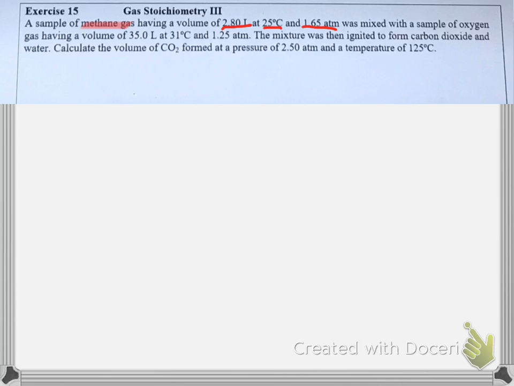It is mixed with a sample of oxygen gas, and we know the volume, temperature, and pressure of the oxygen gas, so we can figure out the moles of oxygen gas as well using the ideal gas law. Those are the two things we start with. Then it's ignited, so this is a combustion reaction, and we form carbon dioxide and water. Those are our products.